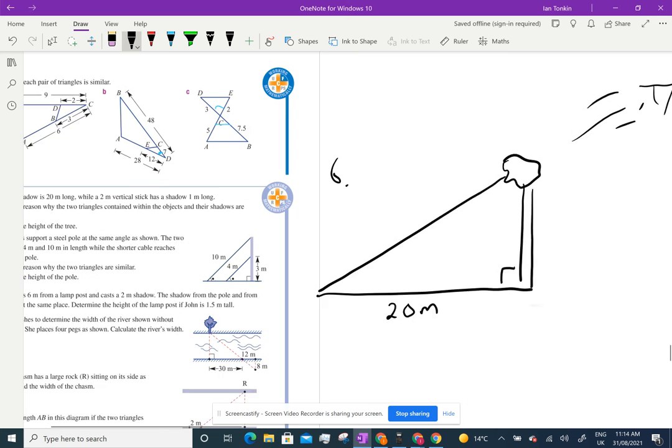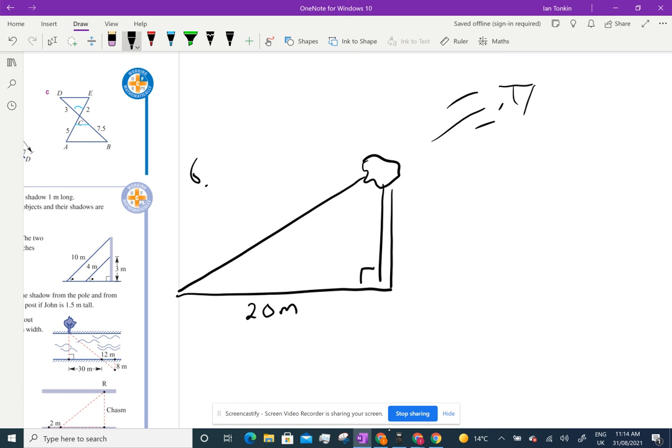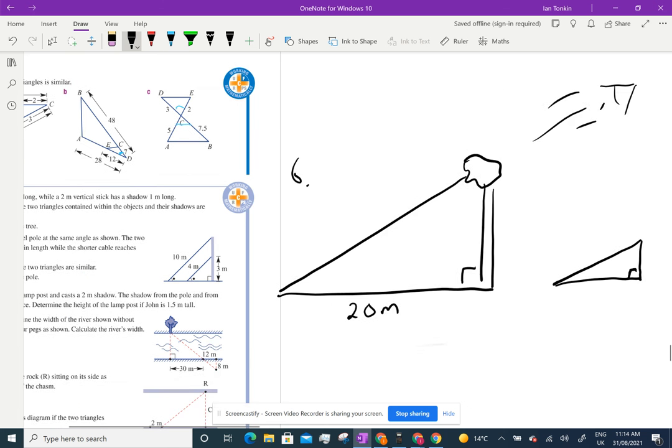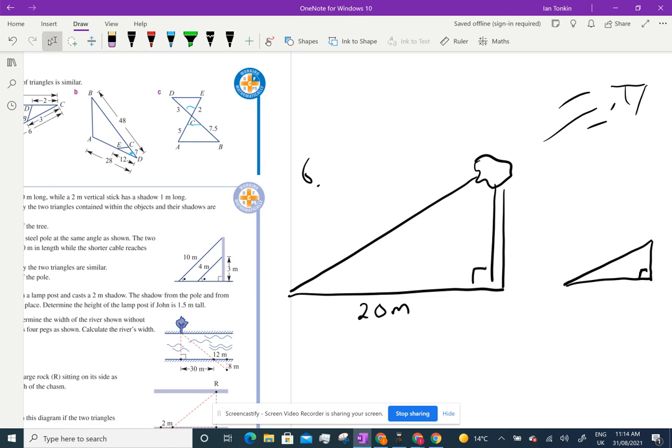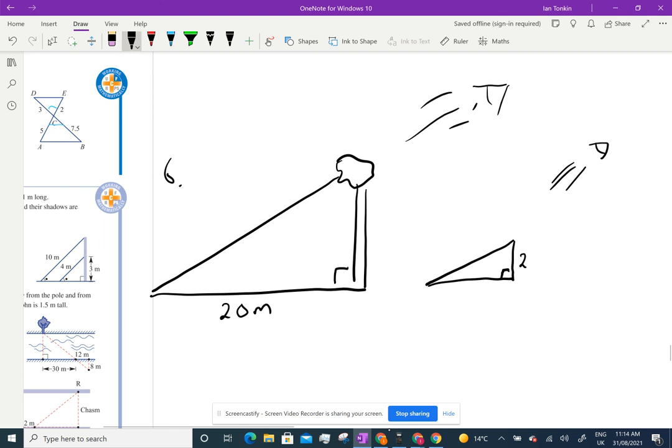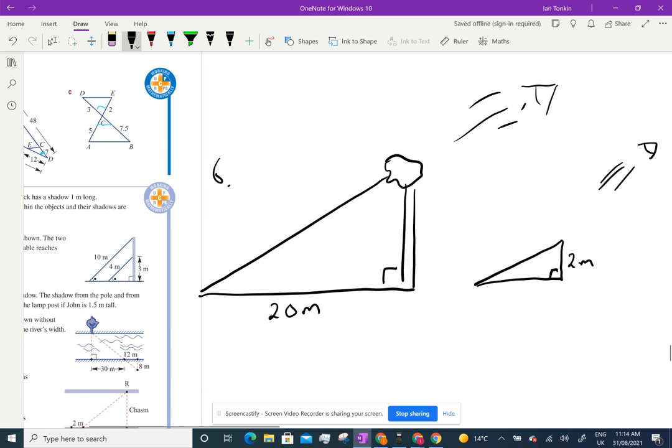But at exactly the same time, we've got a stick, and it casts a shadow, and the sun's in the same spot, so far away. A 2 metre stick casts a shadow 1 metre long.